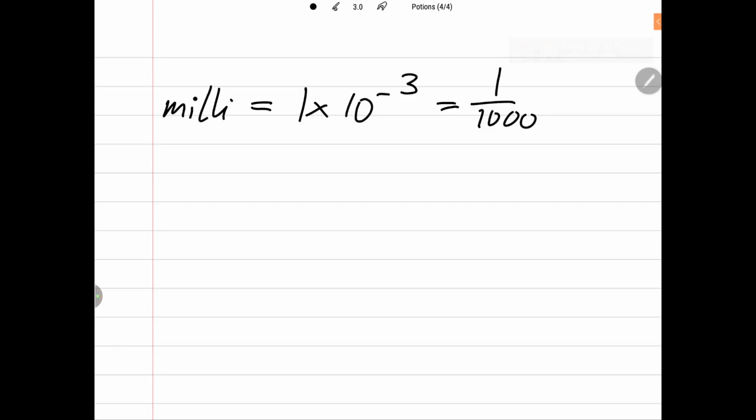So 1 times 10 to the minus 3, that's milli. One times 10 to the minus 6, what's that? Micro. And that's usually abbreviated with this Greek letter mu. So that's micro.